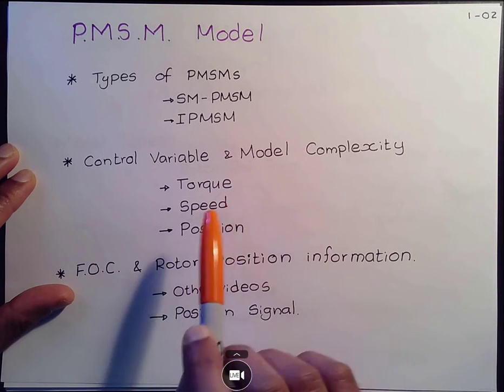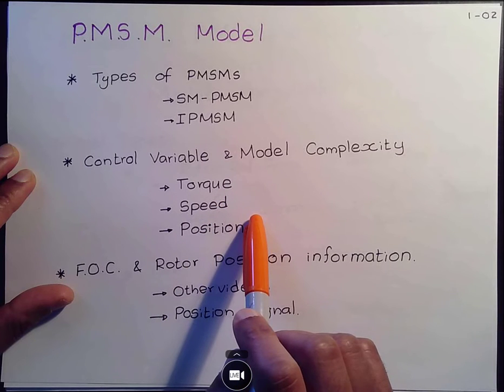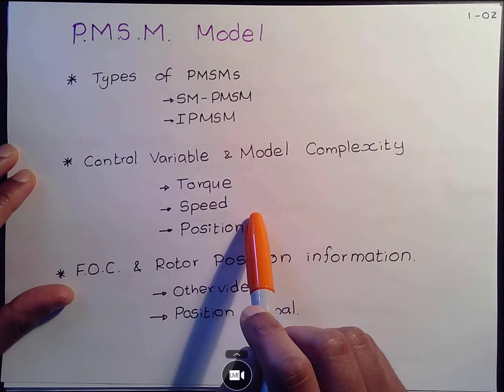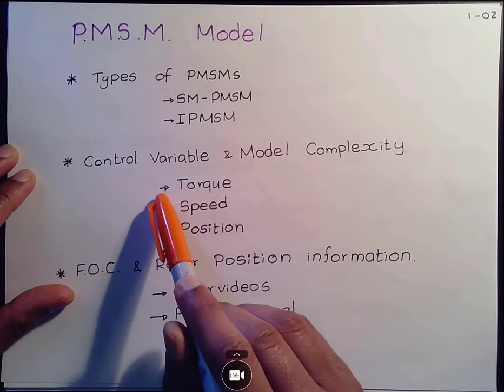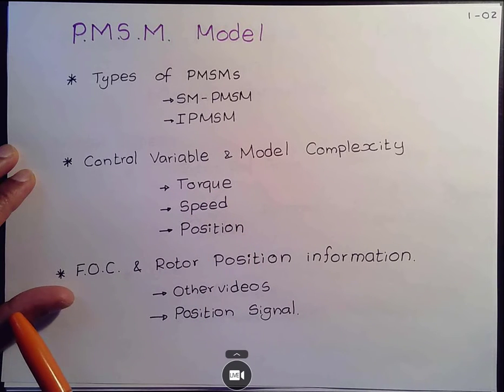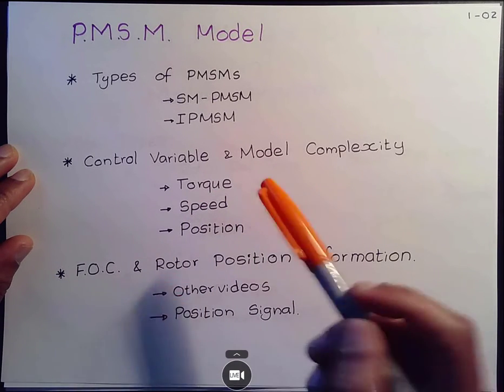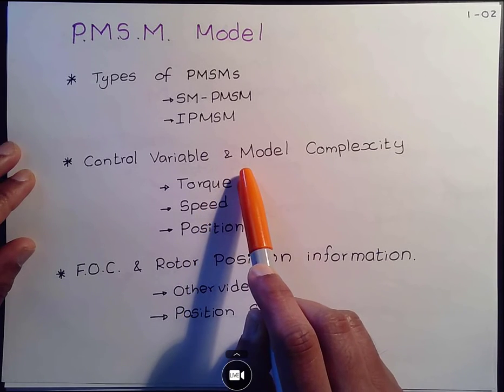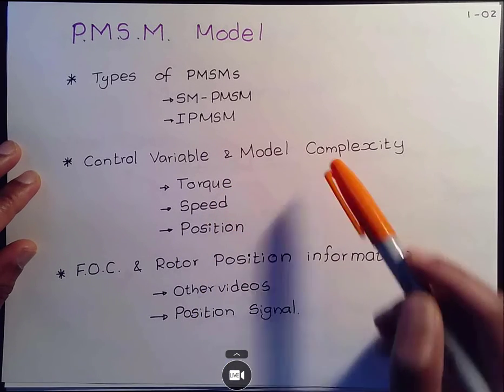Your speed and position controller and the rest of the dynamic system will add more complexity. So my initial goal is to explain to you how torque control can be achieved. This can be easily explained as well as easily simulated, and this is a good step to get you started.